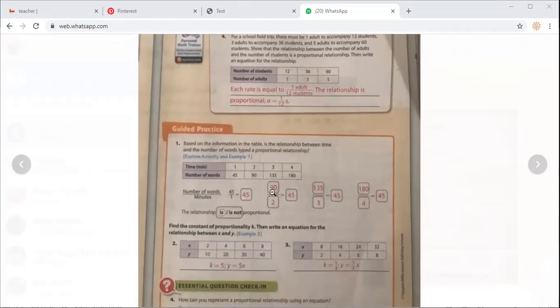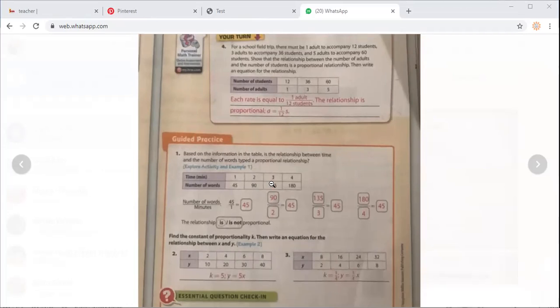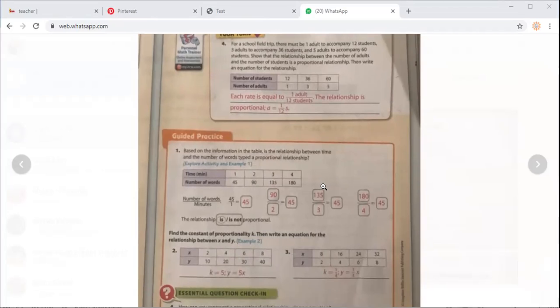Let us move to the next question. In this question, we have the time in minutes and the number of words. 1 equals 45, 2 equals 90, 3 equals 135, 4 equals 180.